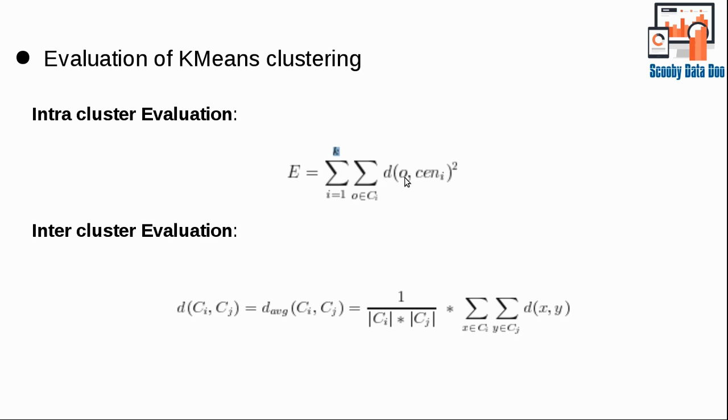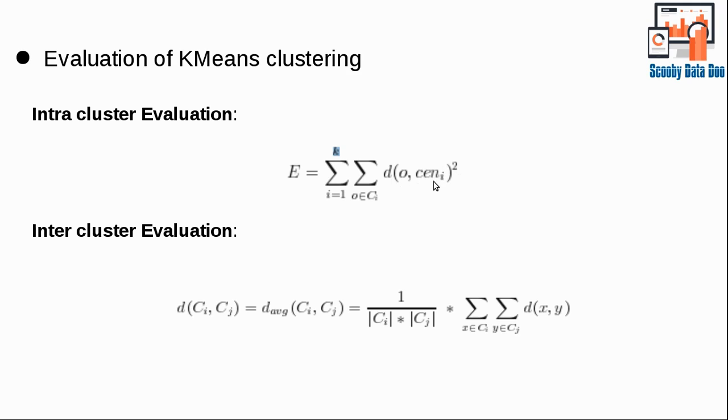O is a random data point in a cluster, and c_i is the centroid of a specific cluster. We have a summation over this distance function, and we also have a square over this distance function.